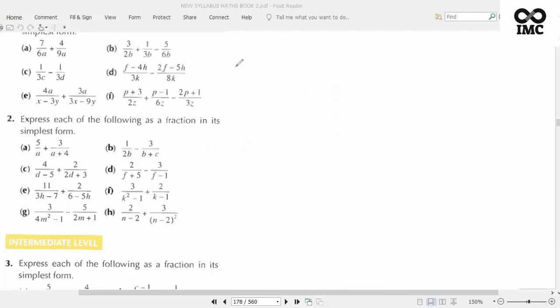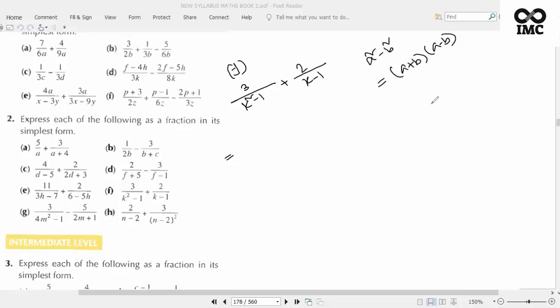Right, now question number f. Question number f says 3 divided by k square minus 1 plus 2 divided by k minus 1. So k square minus 1. By using the algebraic identity a square minus b square, we know that it will be a plus b into a minus b. So k square minus 1 square will be k plus 1 into k minus 1.